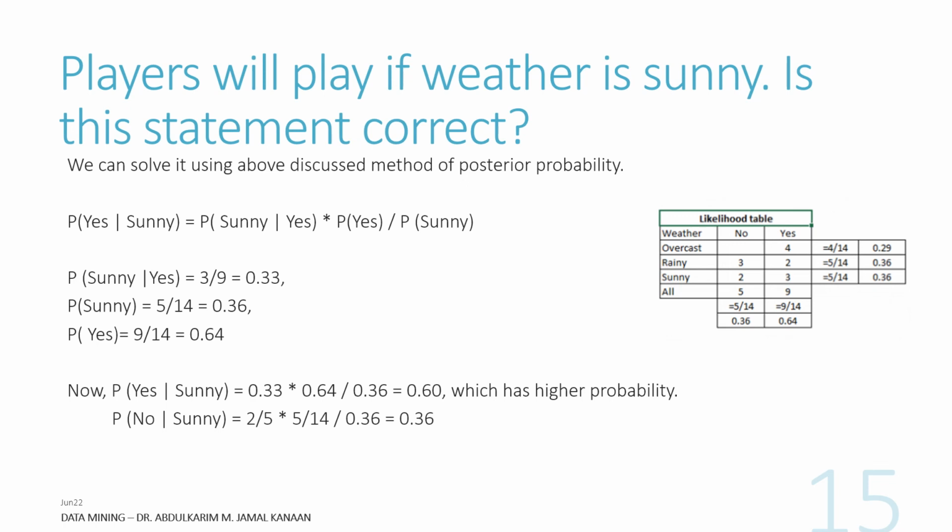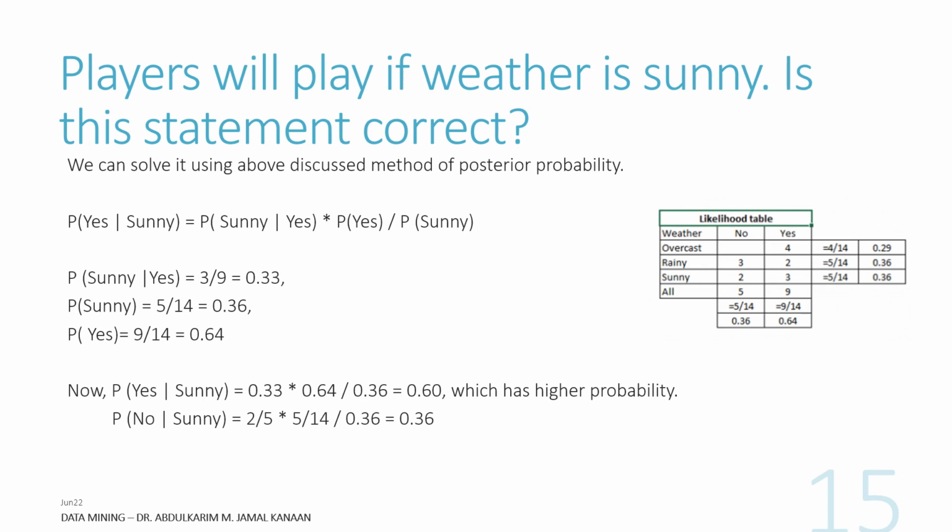Finally, the prior: how many times the players have actually engaged in a football match, divided by the total number of data points in the historic data, which is 9 divided by 14. Now we substitute inside the equation and we get 0.60. So we have a 60% probability that the players are going to play the match.